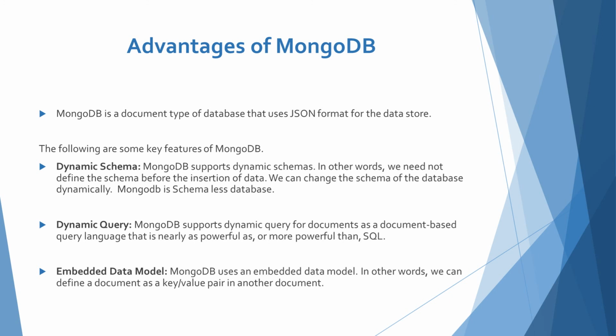Dynamic query. NoSQL is more powerful than SQL. So these are the main advantages of MongoDB. That's why most of the organizations are going to migrate from RDBMS to MongoDB. Why? Because MongoDB has many features.